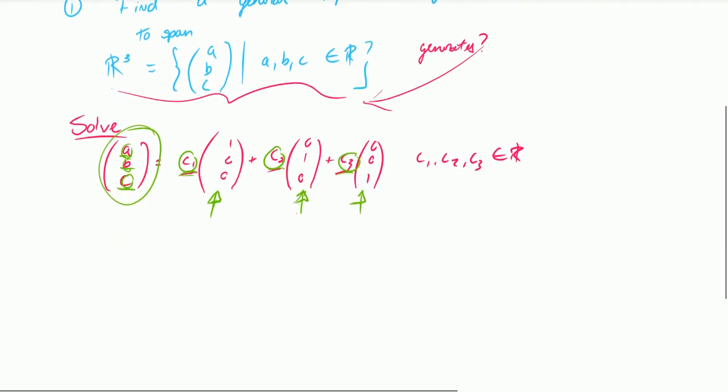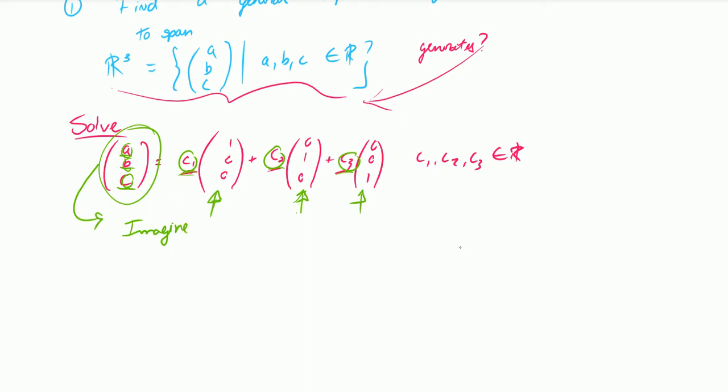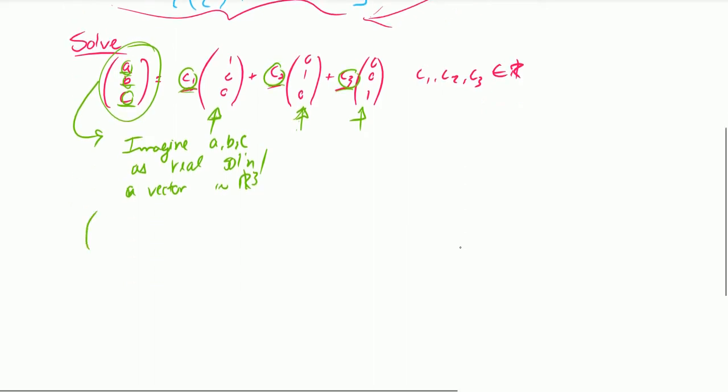But just imagine A, B, C as real numbers, as a real solution, or as a vector in R3. So (A, B, C) can be (1, 2, 0), or (3, 1, -2), or (4, 3, 5). It can be whatever you want.